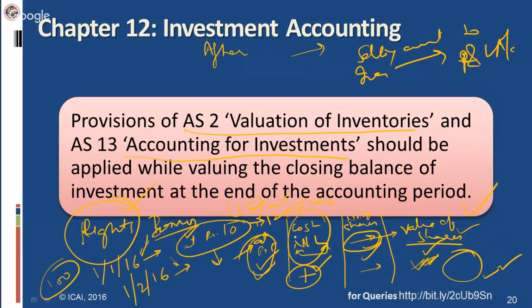So the general provision of AS 13 is very clear. I think I have explained it. I will clearly tell you that if after becoming ex-right, the value of the share dips and it is clearly visible from the market indicators that the value in the share has dipped due to the declaration of rights, then it means the decline in the value is associated with the rights.